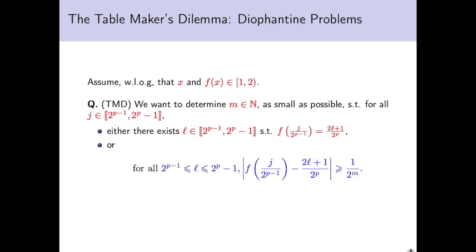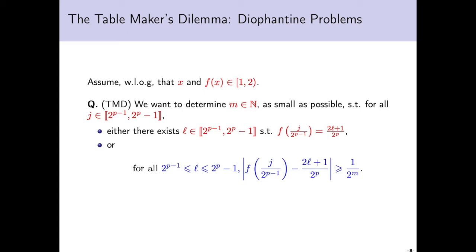Good. So this problem is what is called the table maker's dilemma. And you want to find m uniformly for every function? No, for a given function. So you fix the function, but the points can be anything. M doesn't depend on the evaluation point.